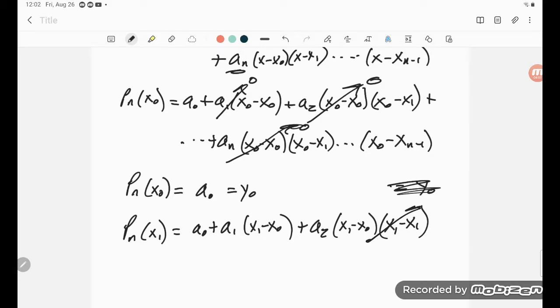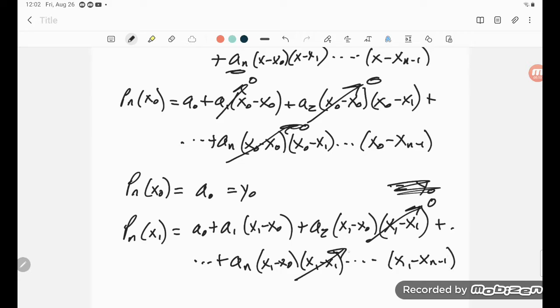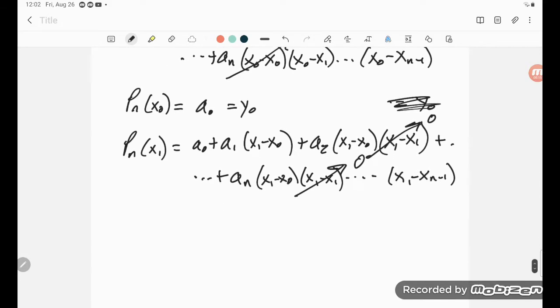Oh, wait, but that's 0. Plus dot, dot, dot, plus, and we have our a sub n, we'll have our x1 minus x0, but we'll have an x1 minus x1, dot, dot, dot, we'll have x1 minus xn minus 1. But again, all it takes is that one being 0, everything's 0.